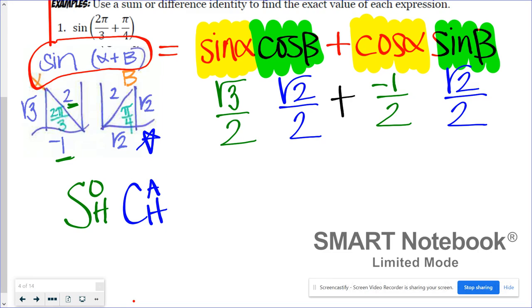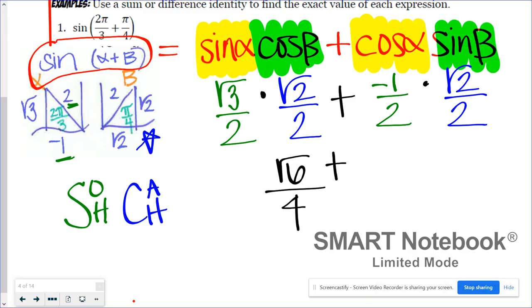Don't want to lose that plus sign. When I multiply 2 fractions together, this is actually really easy to do. I simply multiply the numerators together. So the square root of 3 times the square root of 2 is the square root of 6. When I multiply square roots, I just multiply the insides with the insides. On the bottom, I have 2 times 2, and that's 4.